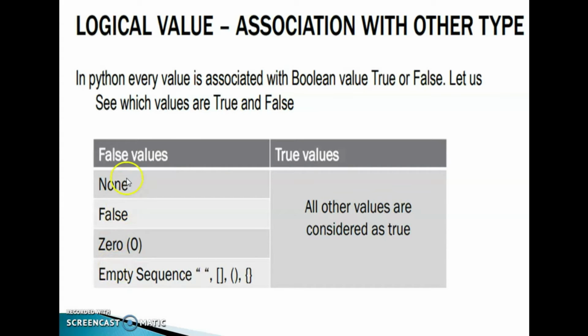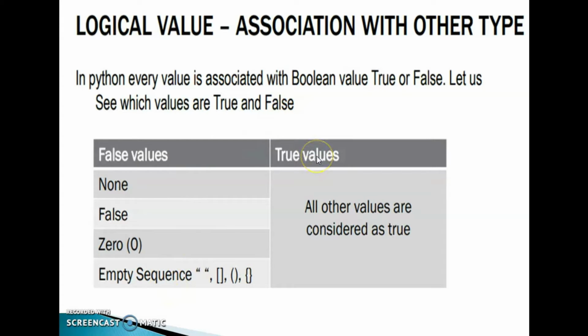False values: None, False, 0, empty sequence, that is opening and closing single quotes or double quotes, then opening and closing square brackets, then opening and closing parentheses, then opening and closing curly brackets. These all are considered as false values.